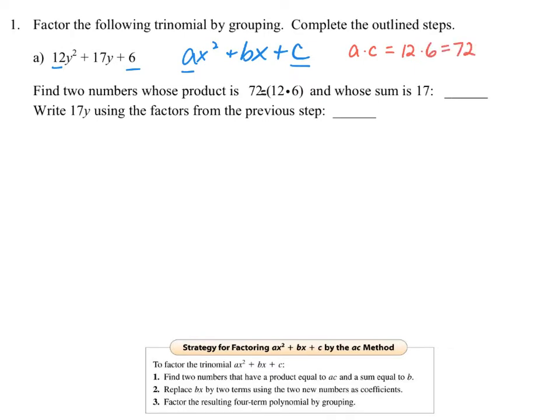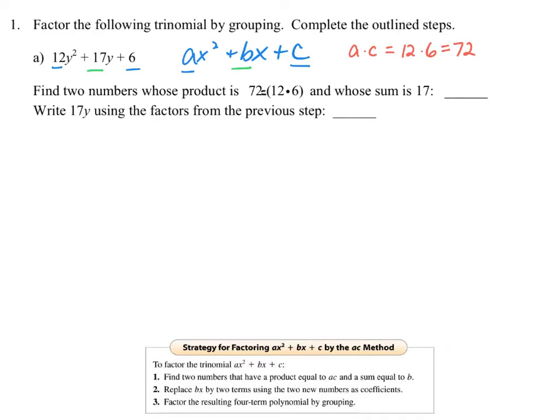Now we want to find the pairs of factors of 72 that will add up to the middle term b, add up to 17. So we want to find two numbers whose product is 72 and whose sum is 17.